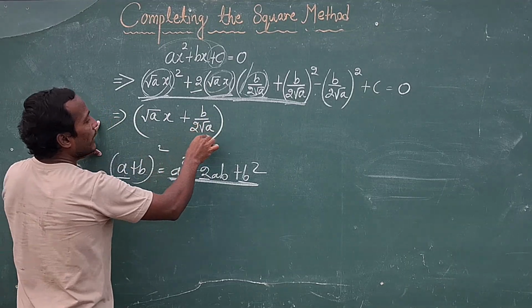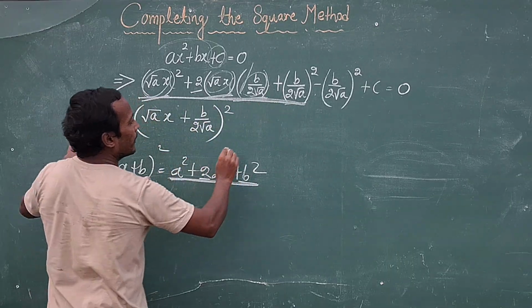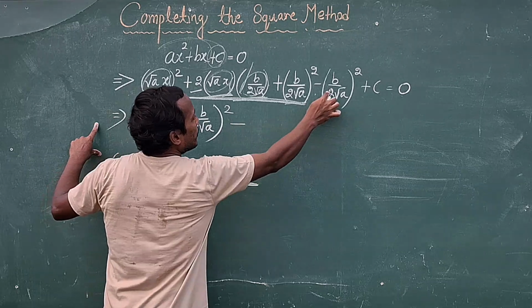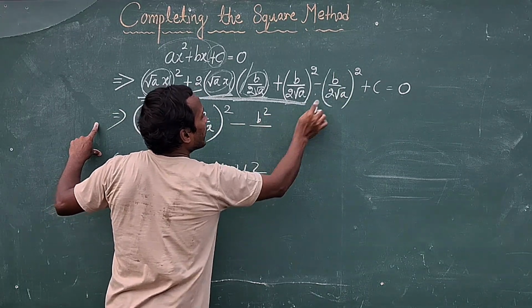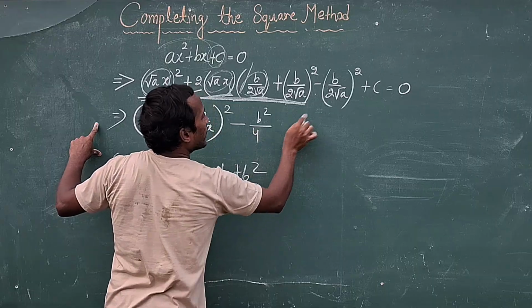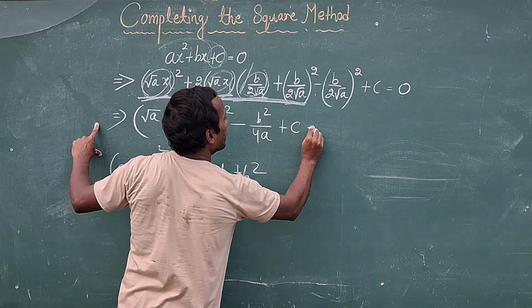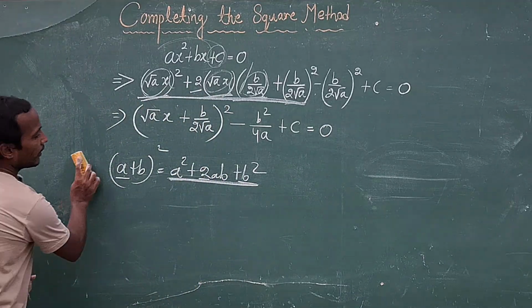So root ax plus b by 2 root a whole square is this particular part. Now I have minus b by 2 root a whole square. Square of b is b square, square of 2 is 4, square of root a is a. Plus I have c equals 0. Now we shall continue solving.